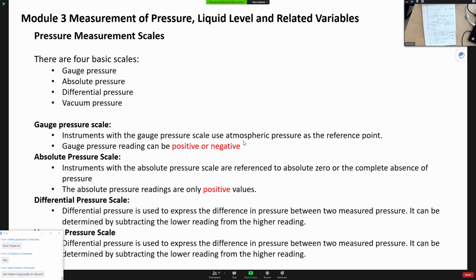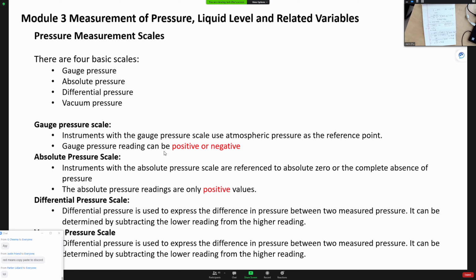Then for your atmospheric pressure, you can take two numbers. One is 14.7 psi. Sometimes we use 15. It depends, because atmospheric pressure is always changing. It's not a constant value. The gauge pressure might be when you measure something with a pressure higher than that, or sometimes a pressure lower than that.